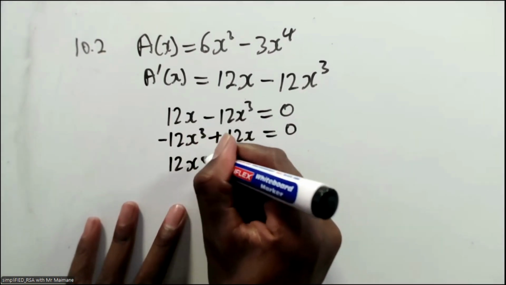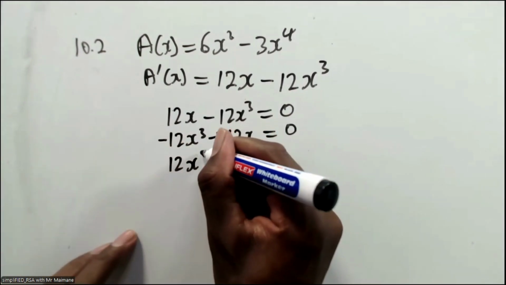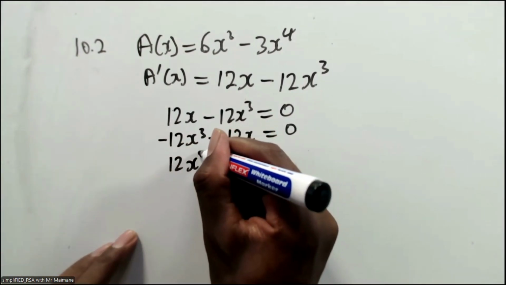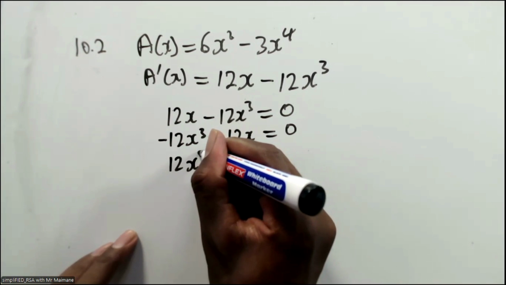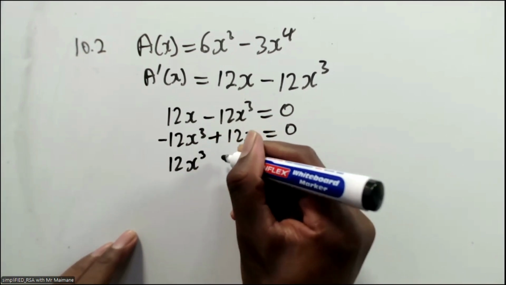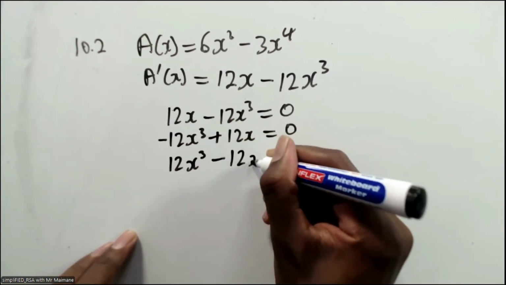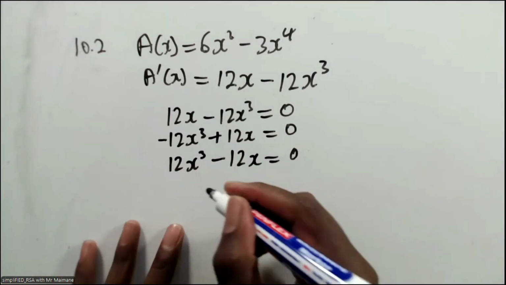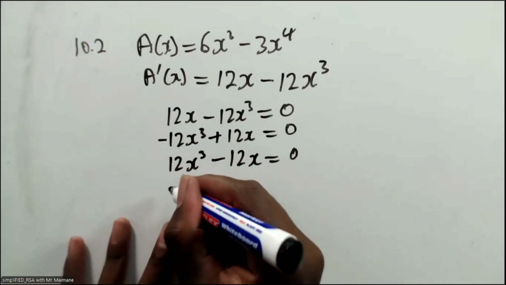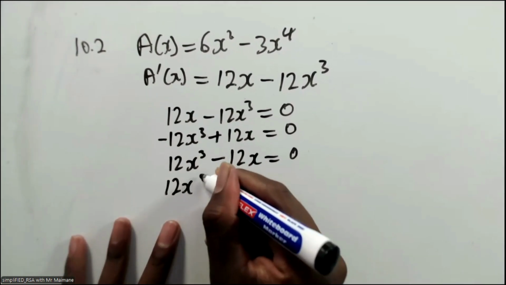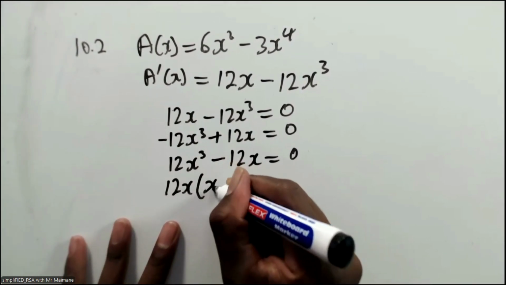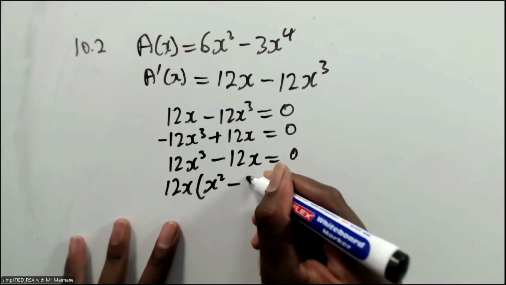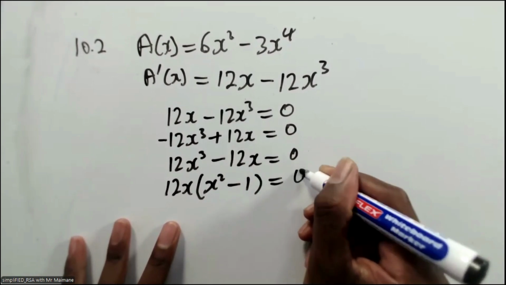So if I multiply by negative throughout, I will have 12x to the exponent 3 minus 12x equals 0. Here I have a common factor of 12x. If I take out the common factor of 12x, I'm left with x squared minus 1 equals 0.